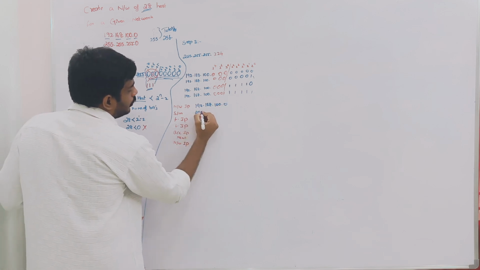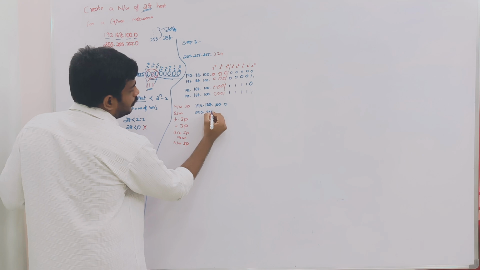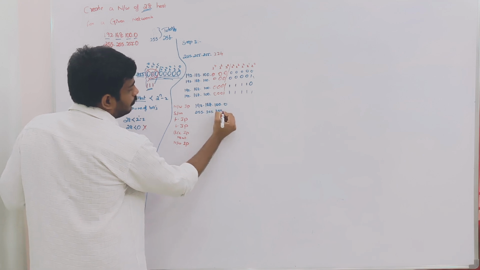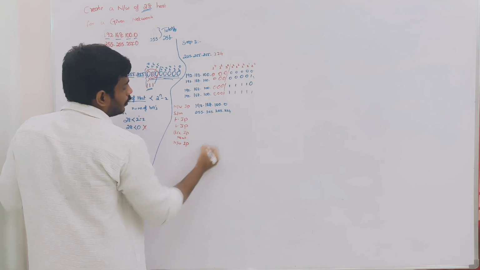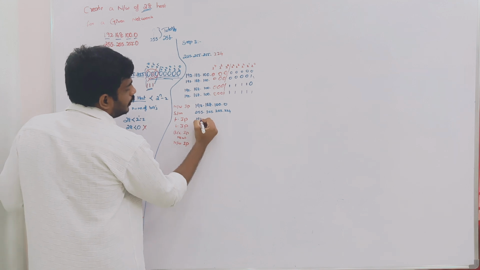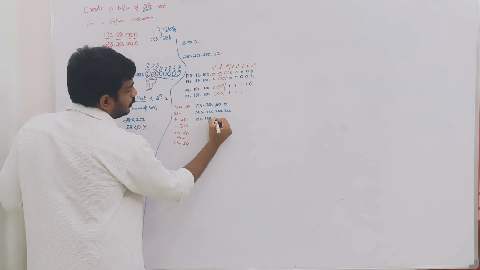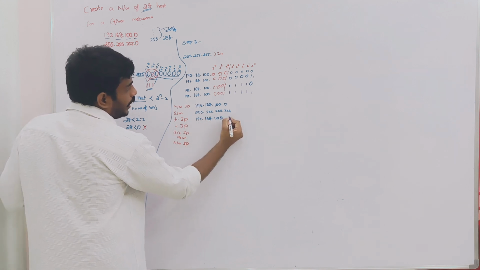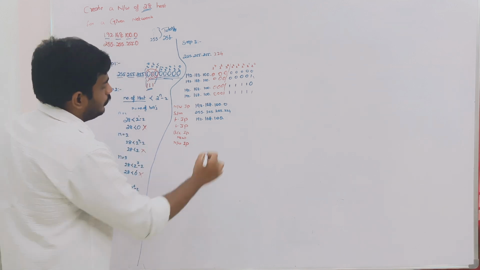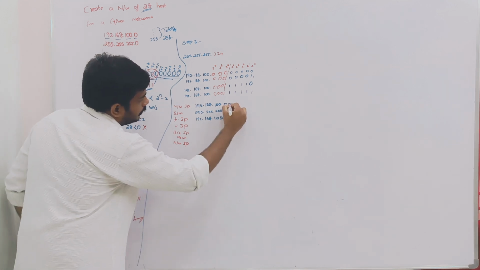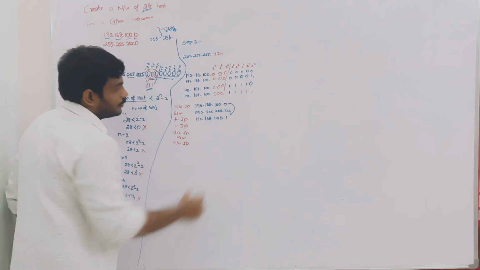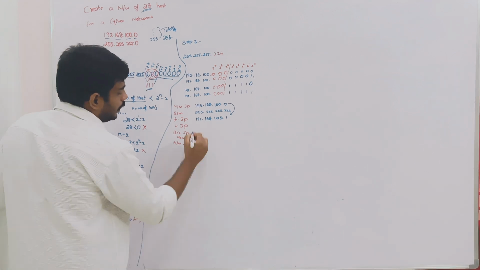The subnet mask will be 255.255.255.224. The first IP will be 192.168.100 dot, and after the network IP, that will be our first IP. What will be the last IP?